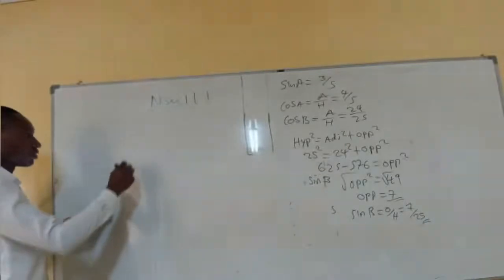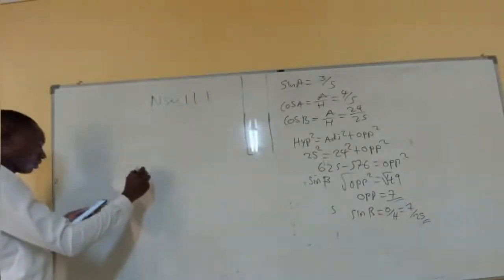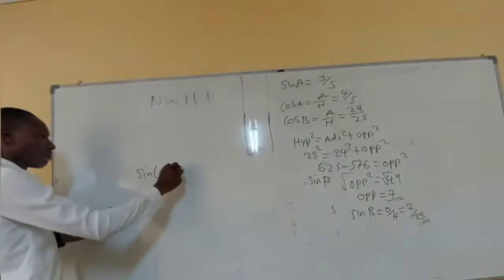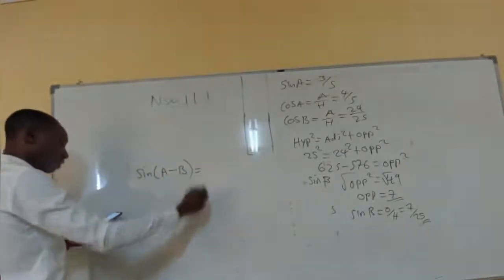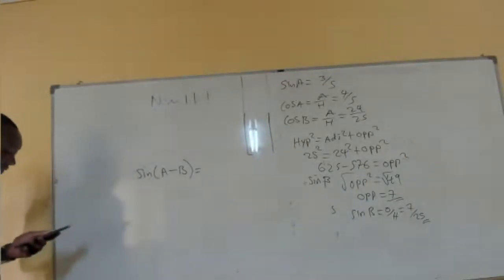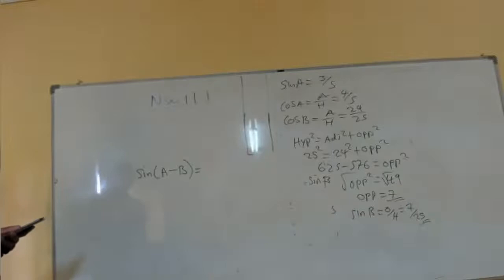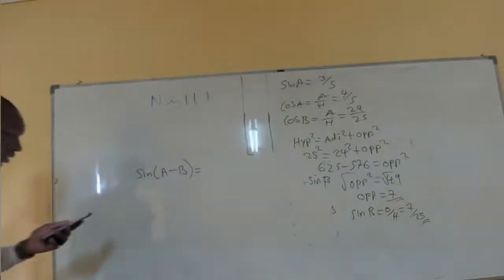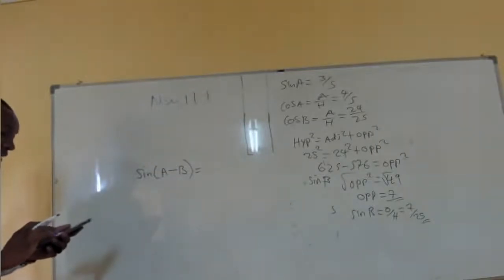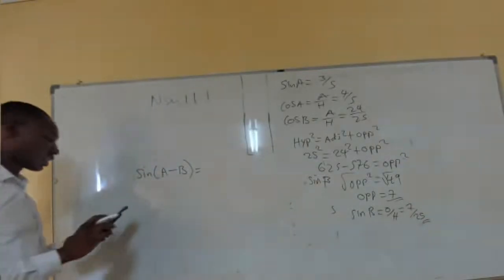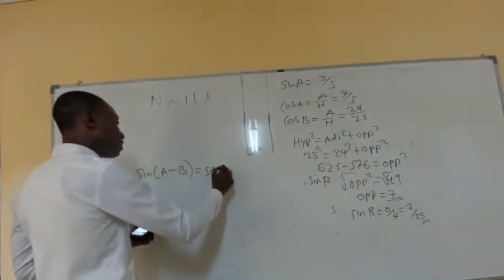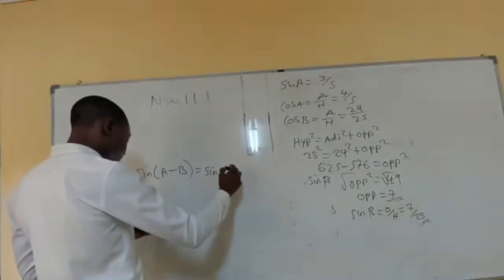The question is sine A minus B. I've already replaced that. So tan inverse of 3 over 4 is now A, and the other one is given as that, right? Now the identity for sine, we say sine A cos B.